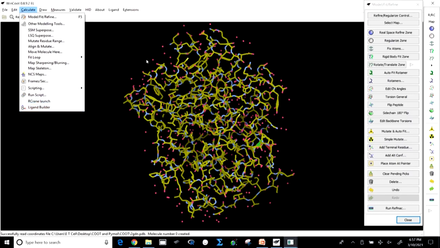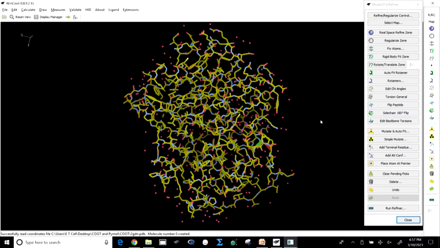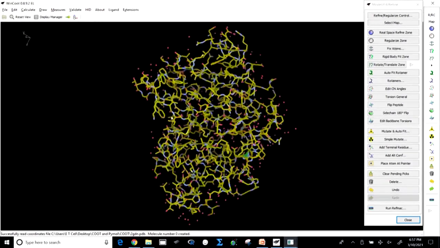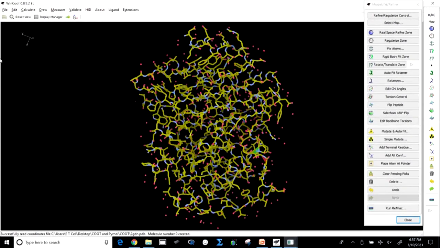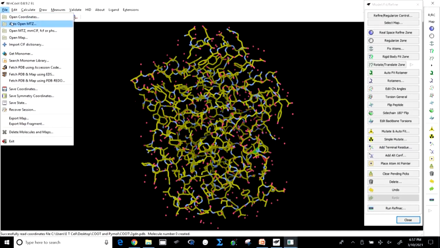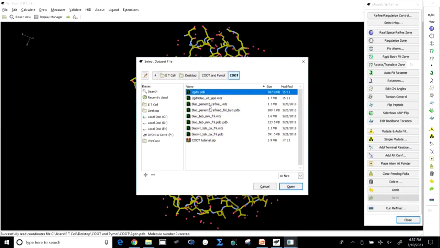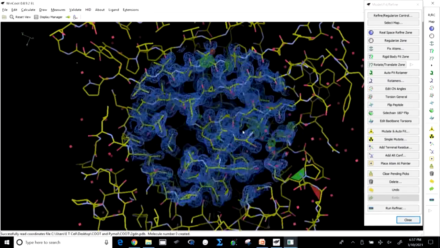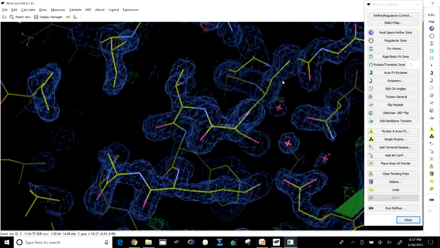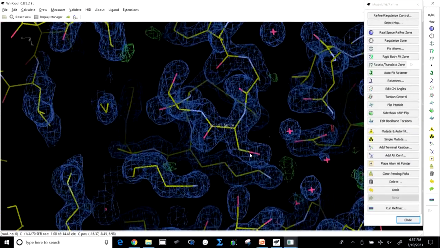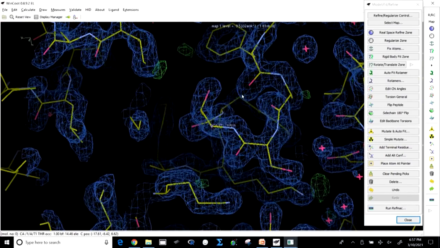A lot of options. So, you have this molecule, now you see that, and it would be better if we introduce the corresponding map. So, we introduce the map, and now you see this was the original resource on which the coordinate file, the PDB file, was built up. Now, you click anywhere.